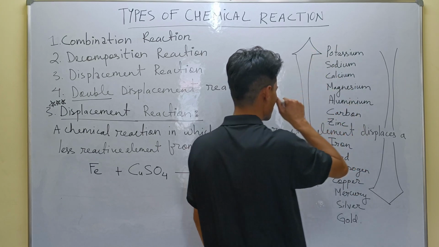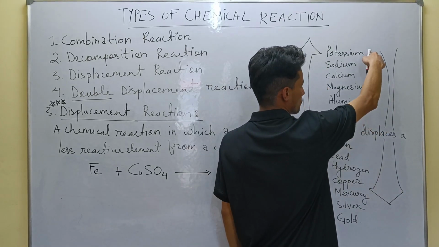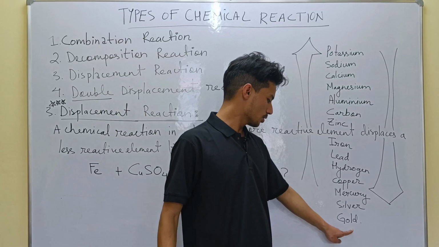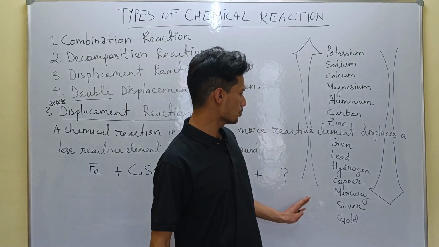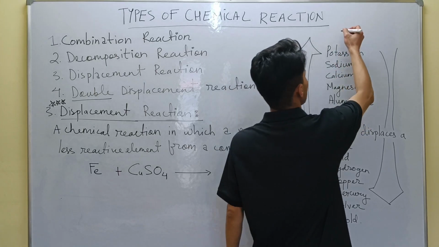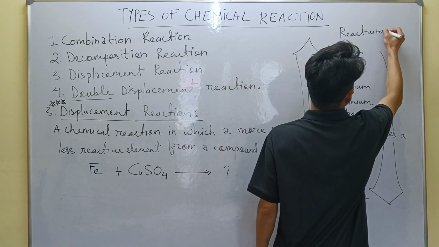So like this. The most reactive element is potassium, and the least reactive metal is gold. As you go down, the reactivity decreases. This is called the reactivity series.